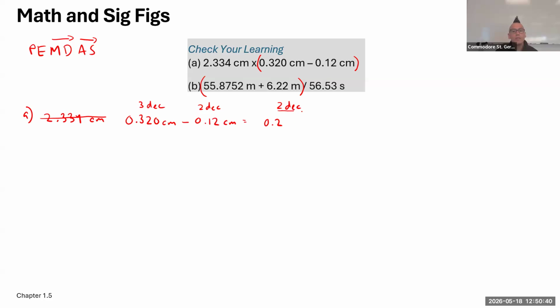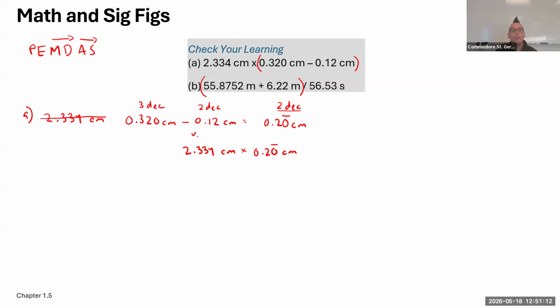But since I need two decimal places, I'm going to put a zero here. And that's going to be centimeters, right? I know the overline is going to be over 2 because we need two decimal places. All right, the second part is now 2.334 centimeters times 0.20 with the overline centimeters.